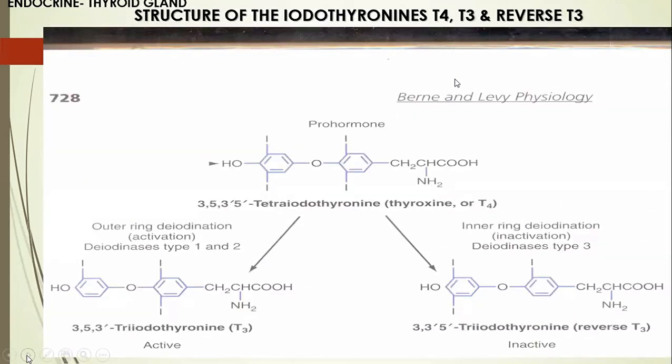So, tetraiodothyronine. My reference here is Byrne and Levy. I think this is not very clear already. So you try to go to Byrne and Levy, Physiology. Then, this is formed as a prohormone, tetraiodothyronine, inner ring deiodination.